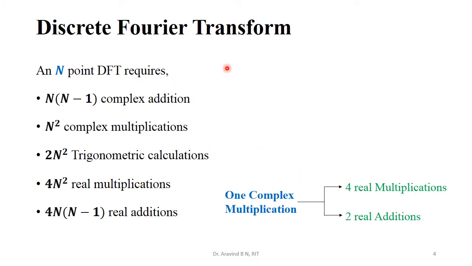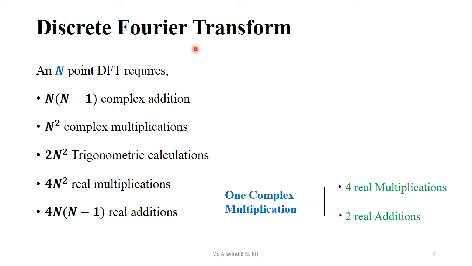Now let us go through the computational complexity that is involved with respect to the discrete Fourier transform as well as the fast Fourier transform. The discrete Fourier transform is the formula based calculation that we were solving till now. For the fast Fourier transform, we are going to make use of a different method called the butterfly method of solution.